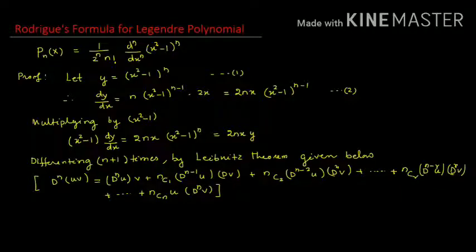We use this theorem to the above equation, that is x square minus 1 into dy by dx is equal to 2nx y.